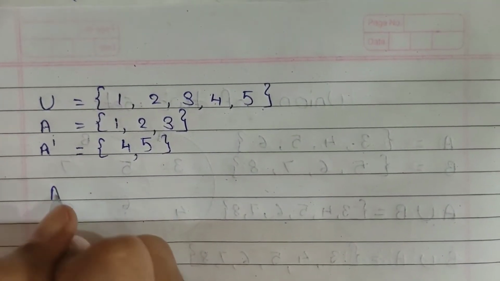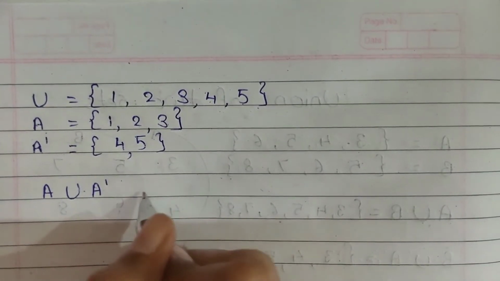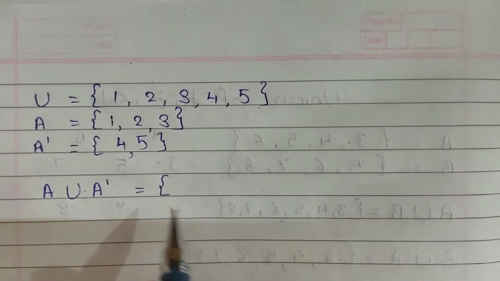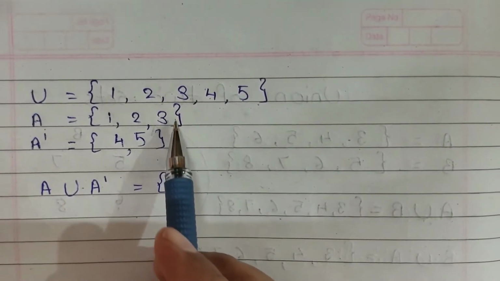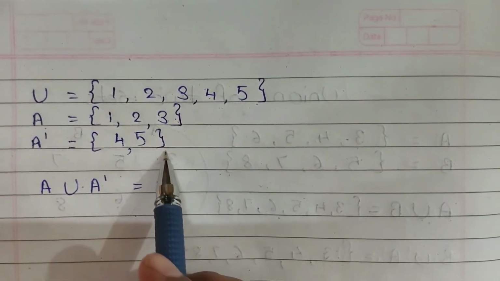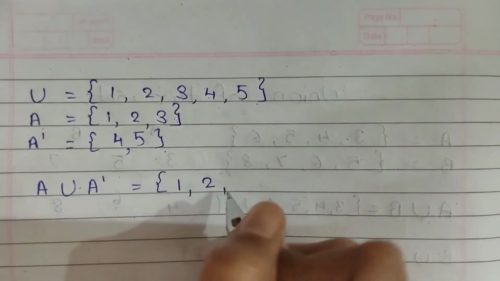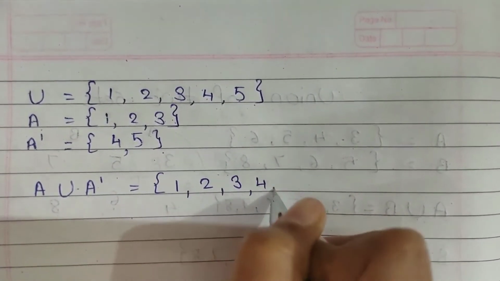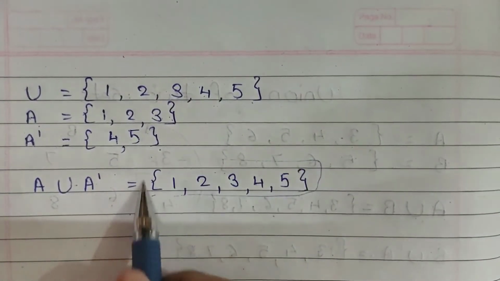Now here they ask A union A complement. This means we have to write all elements which are present in set A and A complement. So that will be 1, 2, 3, 4, 5. Now observe this set.